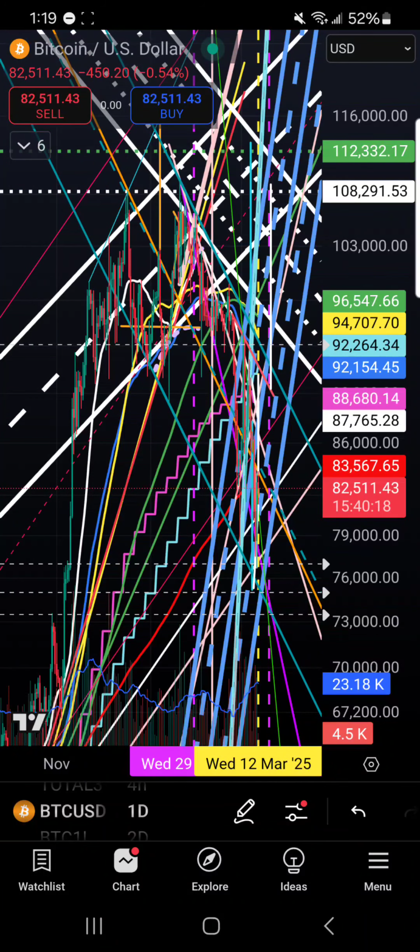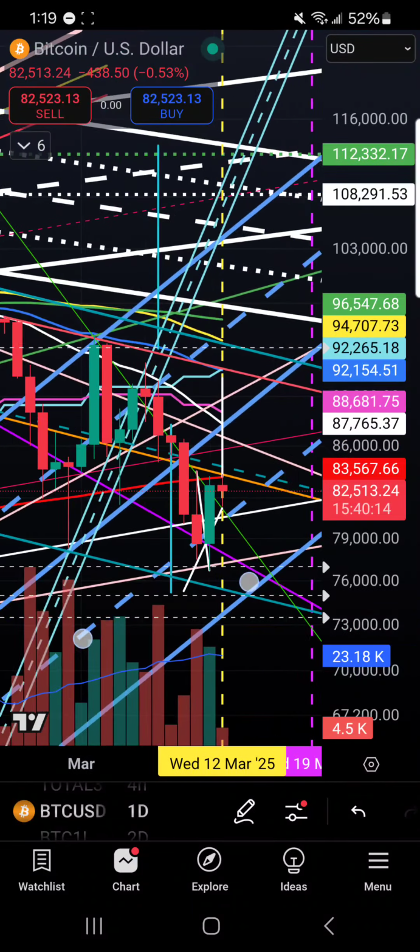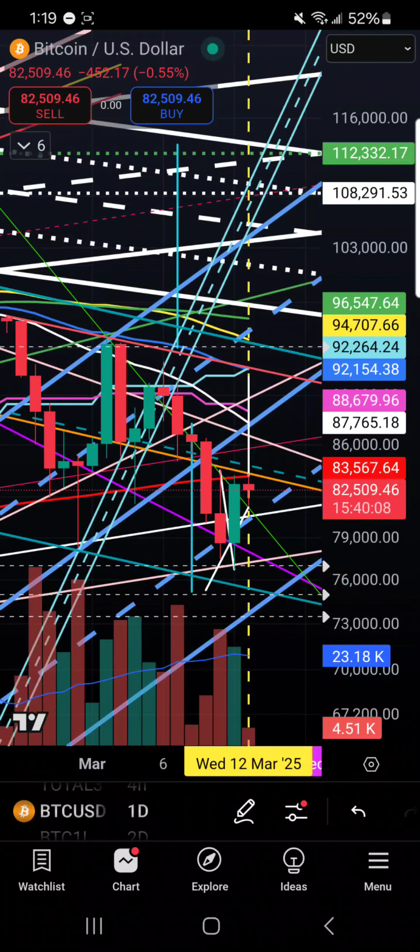But let's just get through these inverse head and shoulders, hopefully, that are going to be playing out here. You can see it better on the daily right there, even. So let's get through that, see if that plays out, and then we'll worry about that 108 and what have you later on down the road.